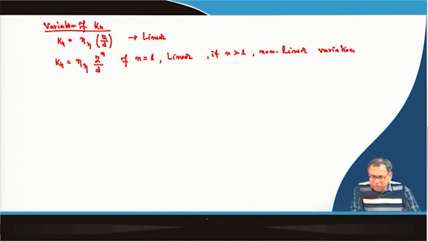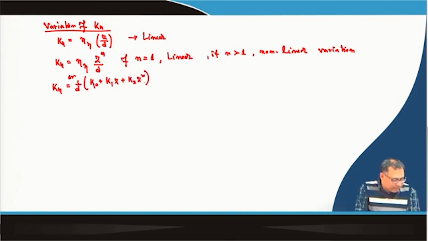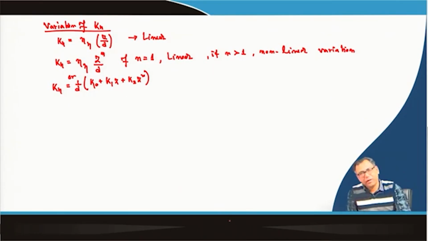Or for non-linear variation, you can write kh in a different form, that is 1 by d into k0 plus k1 z plus k2 z square. So, you can write this also in a different form. These are the different variations of kh.